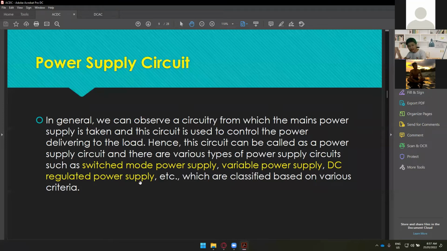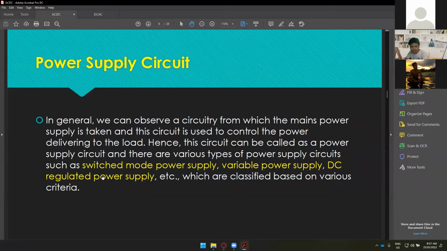If you need a variable power supply, where you can change the value of the DC output from time to time, then you can use this variable power supply. Or if you want an automated one, like the switch mode, let's say it has one switch only.